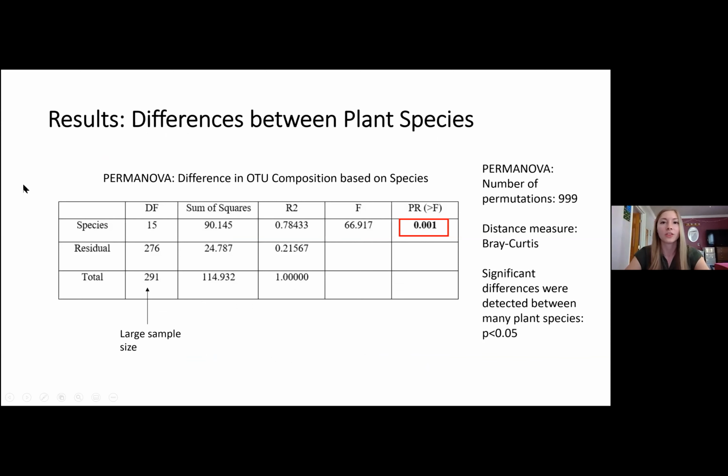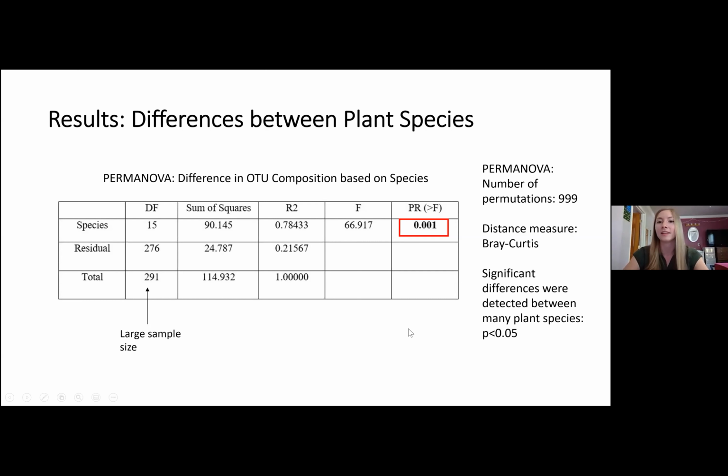So in order to look at my plant species, I performed a PERMANOVA test to see if these plant stems have a difference in OTU composition based on species. I had a fairly large sample size to work with, my 292 samples, and I set my alpha value to alpha equals 0.05.